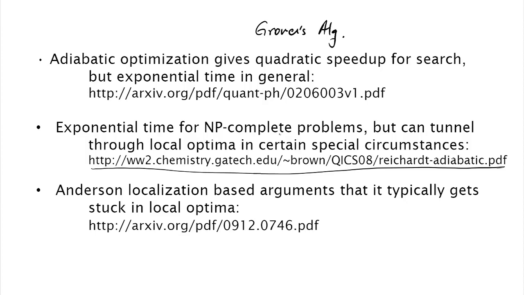On the other hand, this paper also shows that the adiabatic algorithm can tunnel through local optima in certain special circumstances. Now, the news for the adiabatic algorithm became somewhat even more pessimistic with this more recent paper, which shows that, in fact, it typically gets stuck in local optima.